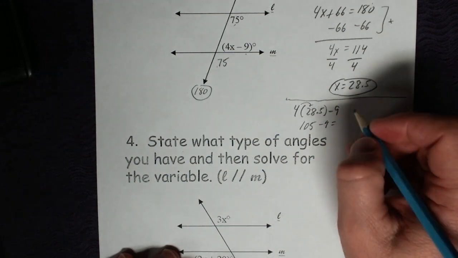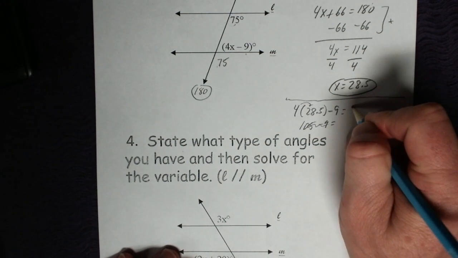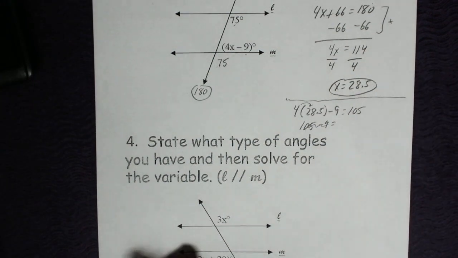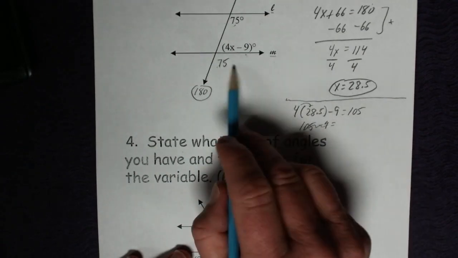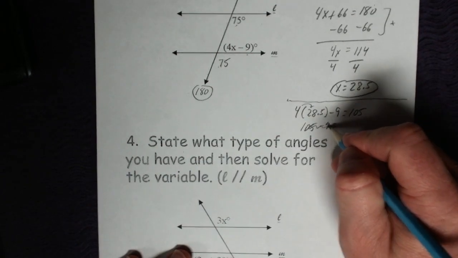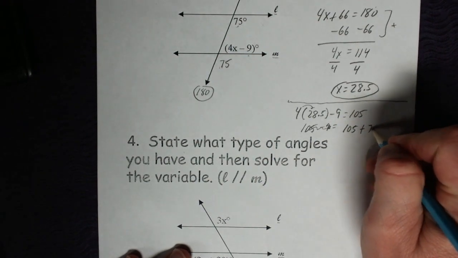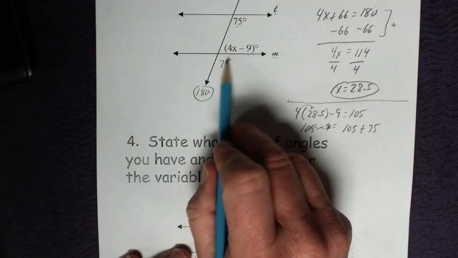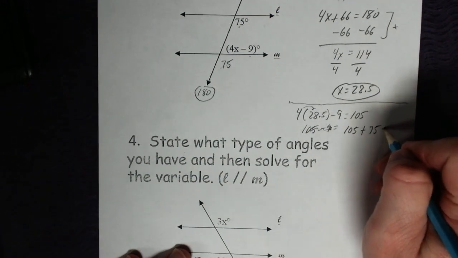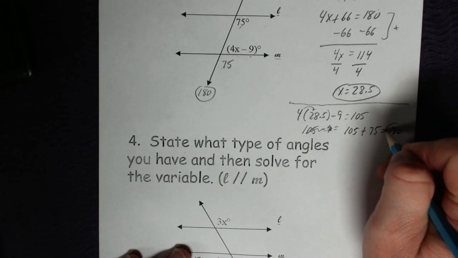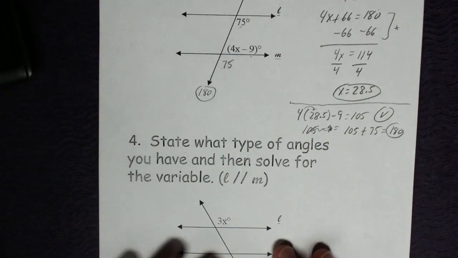Oh, that equals 105, I'm sorry. Now, I'm going to take the 105 and add it to the 75. 105, 75 right here, and that should equal, and does equal, 180. So it checks out.